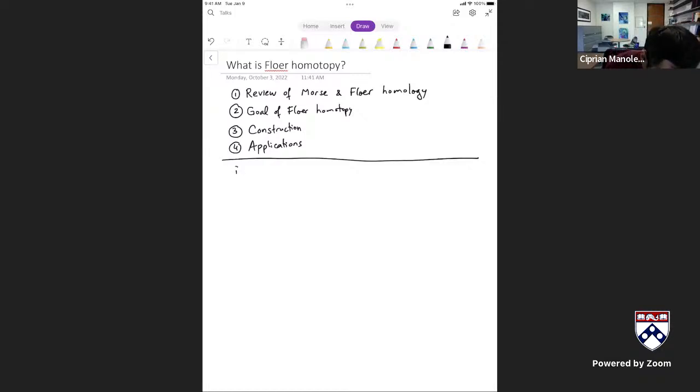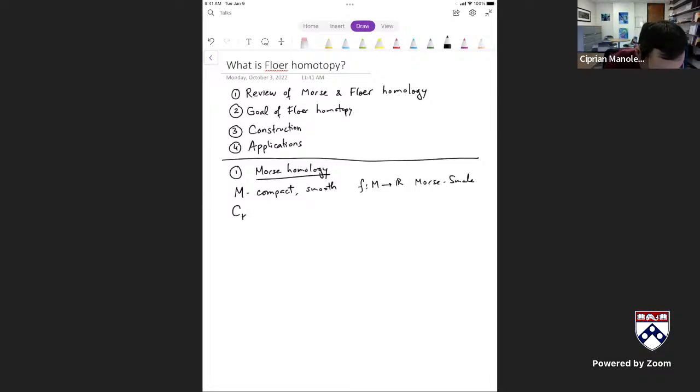All right, let's start with Morse homology. That's a classical subject. The simplest version is when we have a compact and smooth manifold, closed without boundary, and a Morse-Smale function on it.